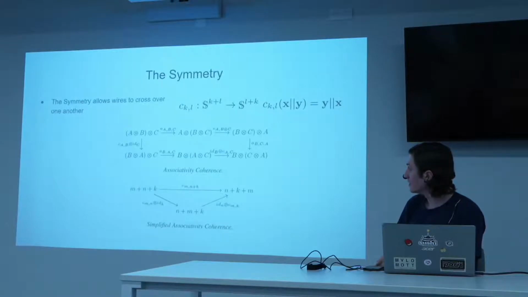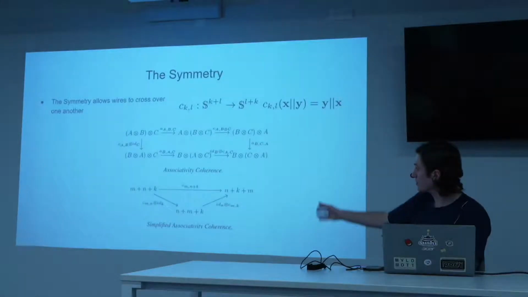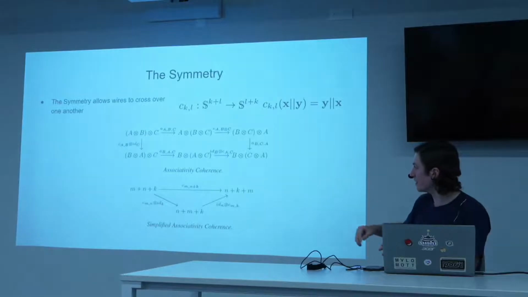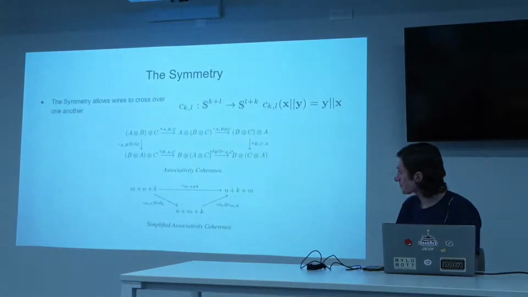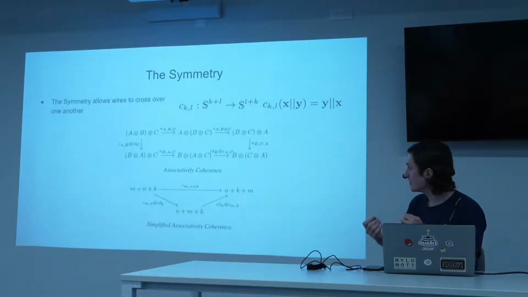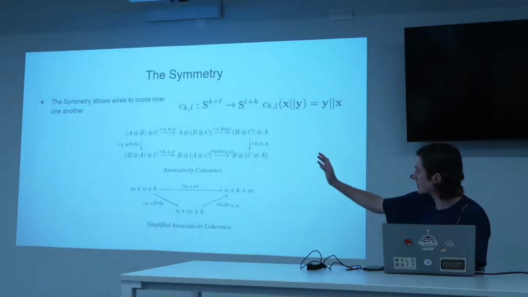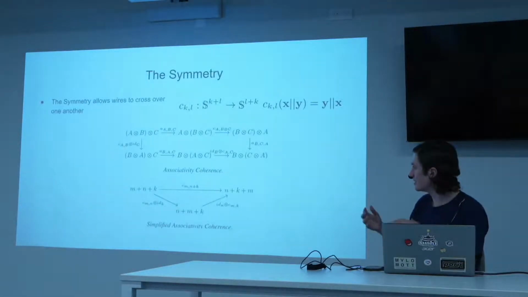But luckily, this is where another one of the simplifications comes in. So the top diagram is the original associativity coherence with the symmetry. In that one, because the associator is an identity natural isomorphism, all of these things that say A, ABC, BCA essentially become identities themselves.